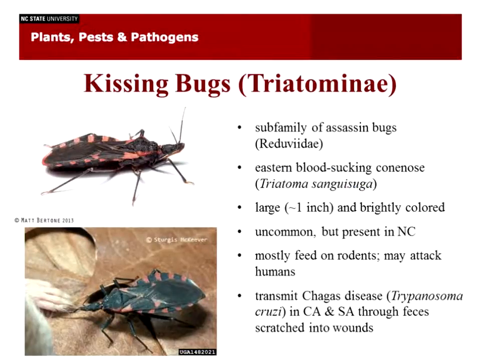Now, we do have a native one here in North Carolina, the eastern blood-sucking cone nose, Triatoma sanguisuga. I was fortunate enough to get a specimen in here at the top and take some photos. They are large, very large for blood feeders. They're about 1 inch long, very brightly colored.